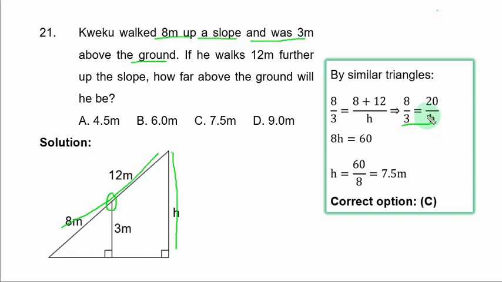If you cross multiply, you have 8h equal to 60. To get h, divide both sides by 8, and you have h equal to 60 over 8, and you have 7.5 meters. C is the correct option.